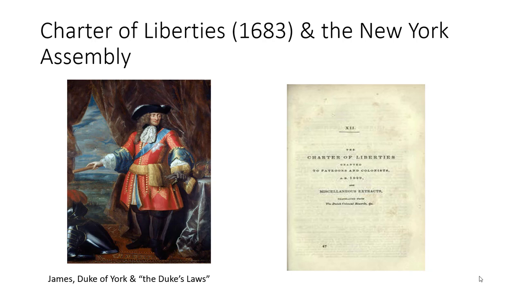But as a proprietor, a guy given a colony, and since he's the king's brother, he's a proprietor with a great deal of power. He imposed a set of laws quickly known as the Duke's Laws. James had been a gifted military commander, a naval admiral, but he was less effective as a ruler, as a king, and the Duke's Laws didn't last for very long.